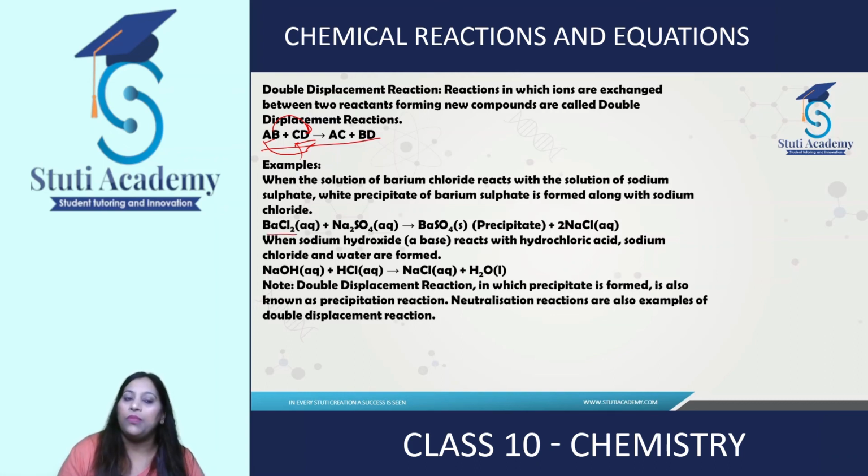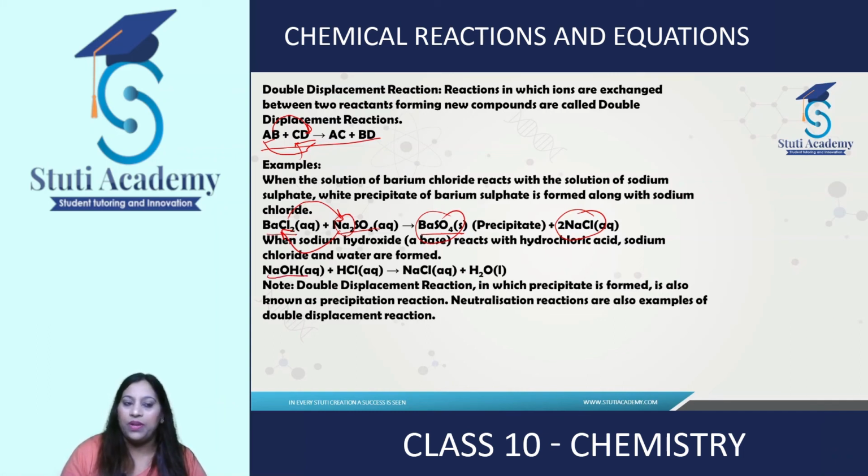When barium chloride reacts with sodium sulfate, just look here, barium takes up this place of sodium and then it combines with sulfate and it becomes barium sulfate and this sodium combines with chlorine and it becomes sodium chloride. So here you can see exchange of ions takes place. Double displacement takes place in this reaction.